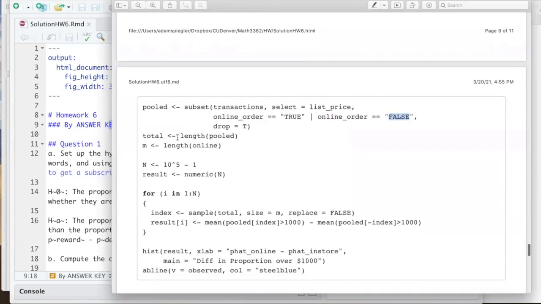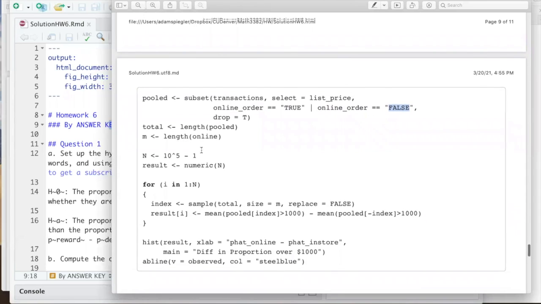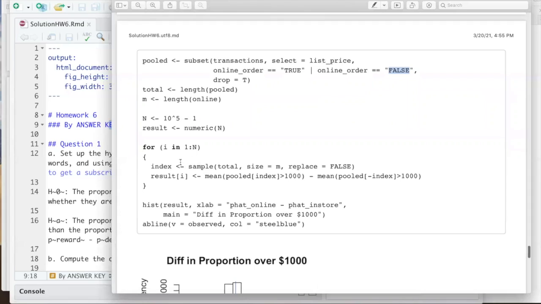Here we count up how many observations were in these different vectors, and we're going to just create our index vector the same way. So this is going to tell us which of the pooled samples are we going to send to sample 1. The rest of the things in the pooled sample we send to sample 2.